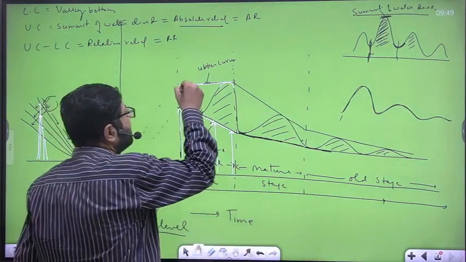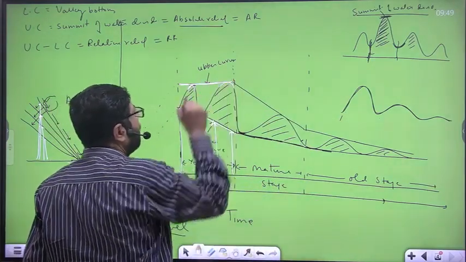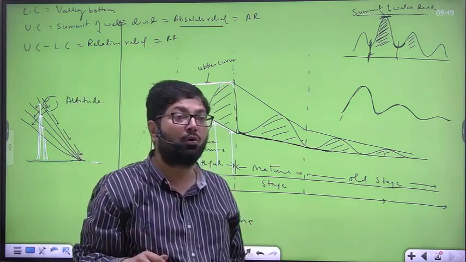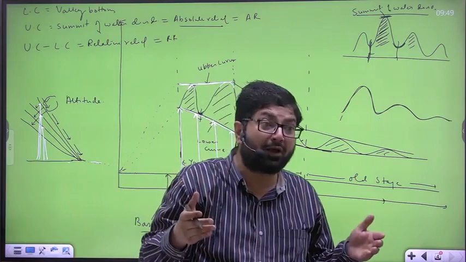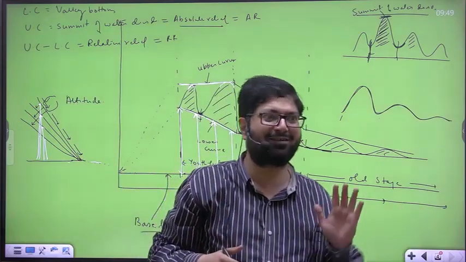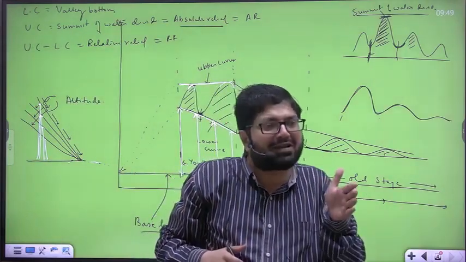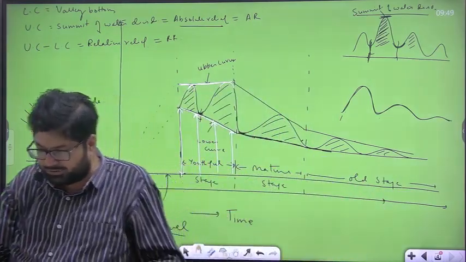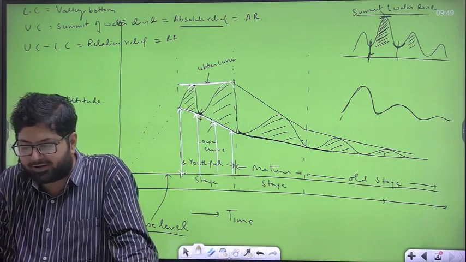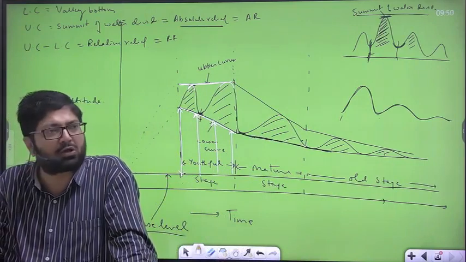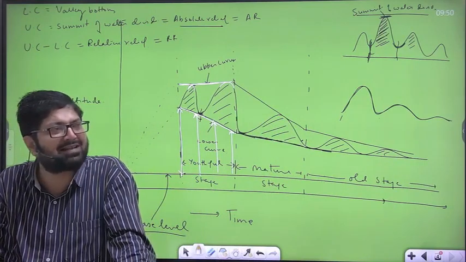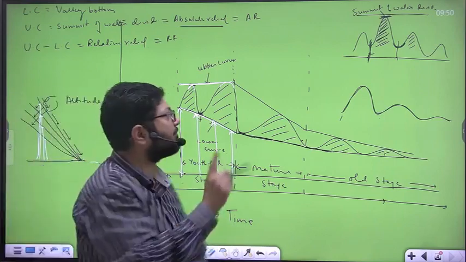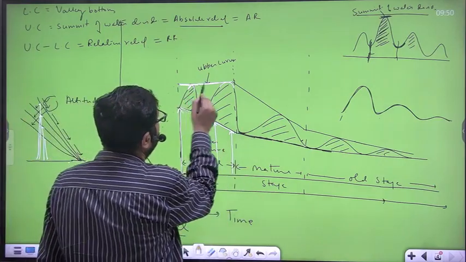In youthful stage, the summits of water divide are not eroded. क्यों? अगर erode होने शुरू हो गए, then we will say mature stage has begun. The youthful stage has been defined in such a way. The summits of water divides are not affected by erosion, so the upper curve representing the summits of water divide remains straight. Perfectly straight बनाना है इसको.